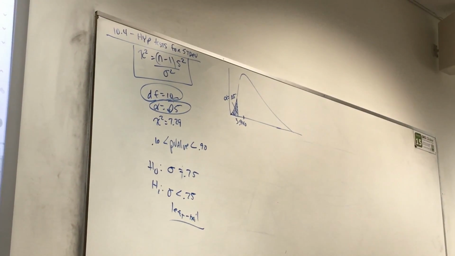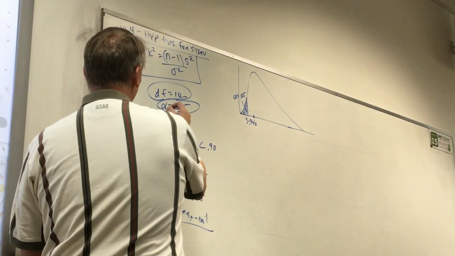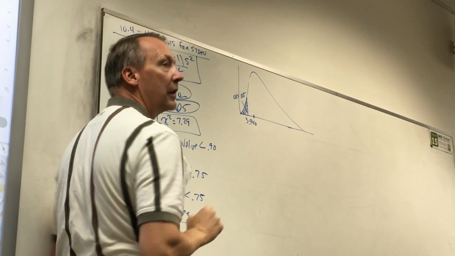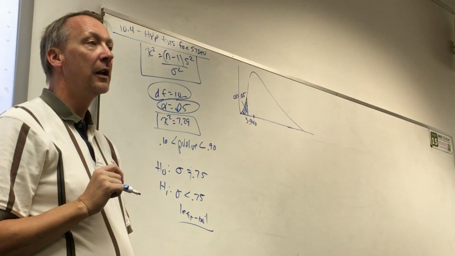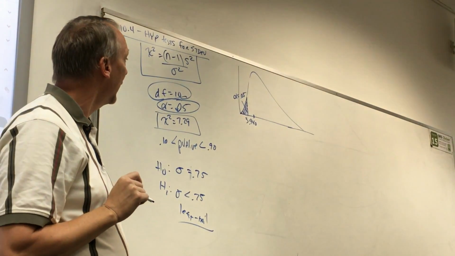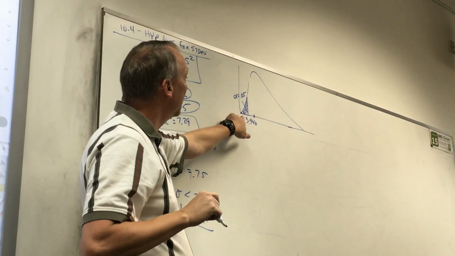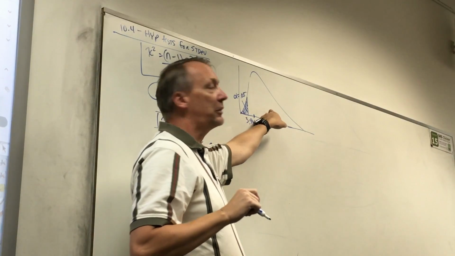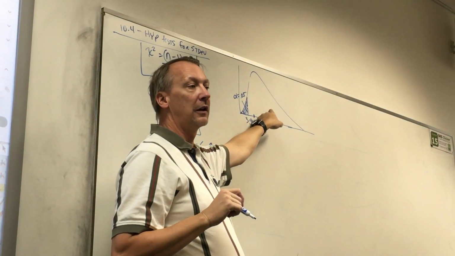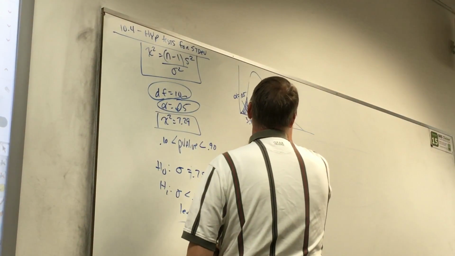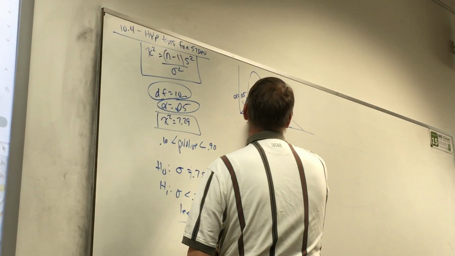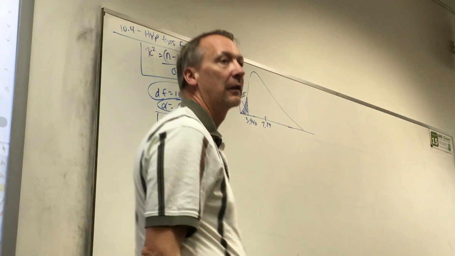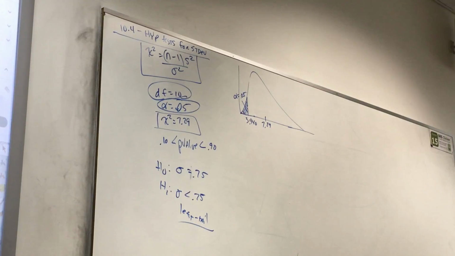Okay, so now what value did I get? I got 7.29. Is that in my rejection region or is that in my do not rejection region? Do not reject. So that's over here, 7.29 somewhere. Okay, does that make sense?